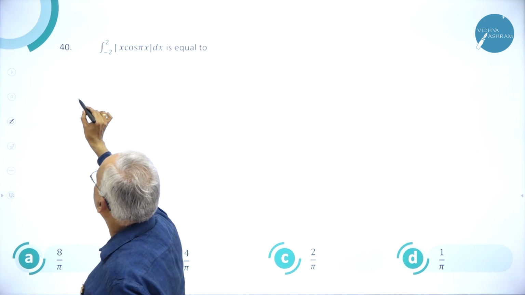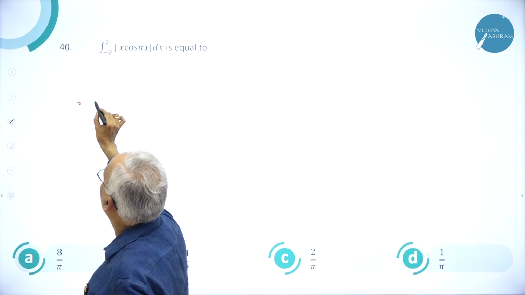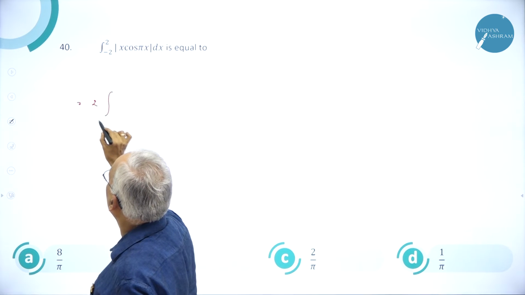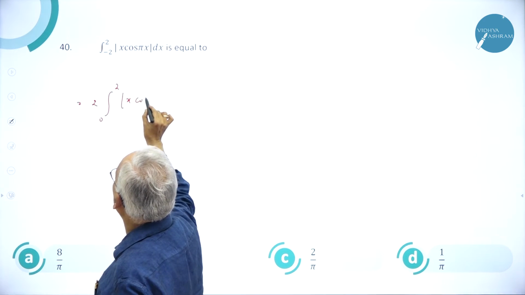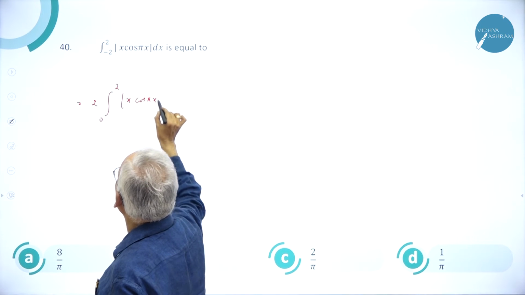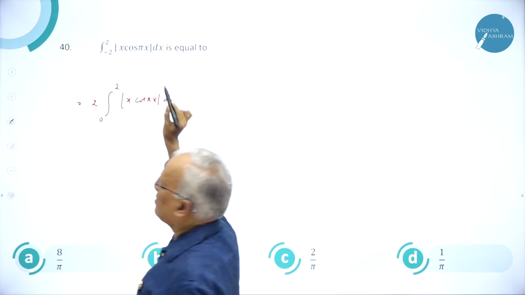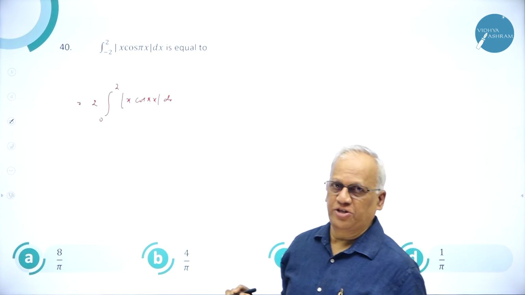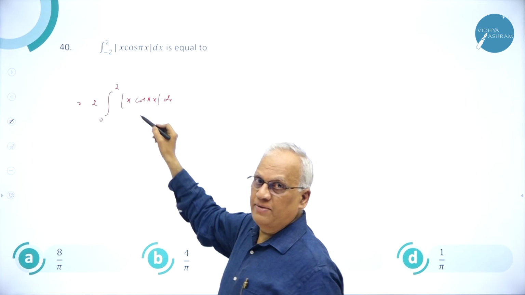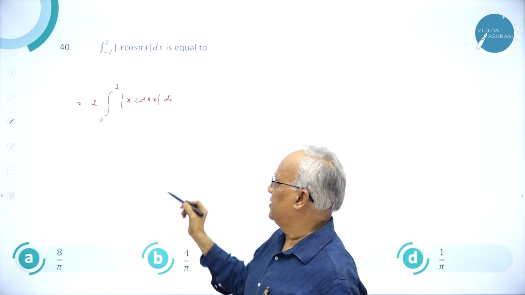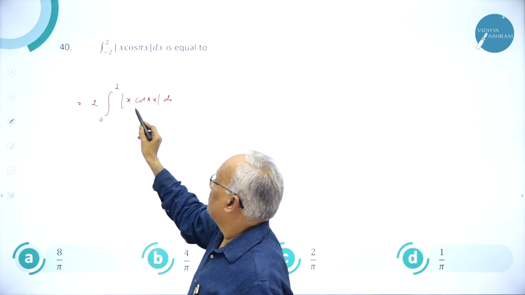So you can write this as 2 times integral 0 to 2 of modulus of x cos pi x into dx, because mod x cos pi x is an even function.